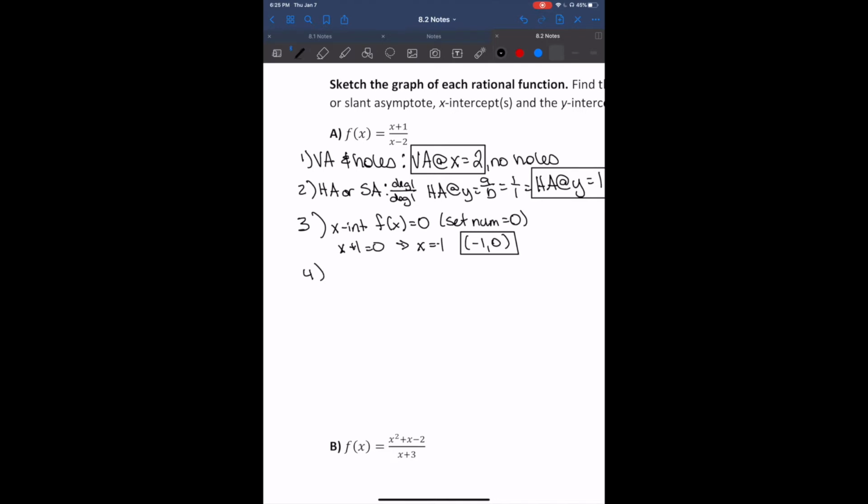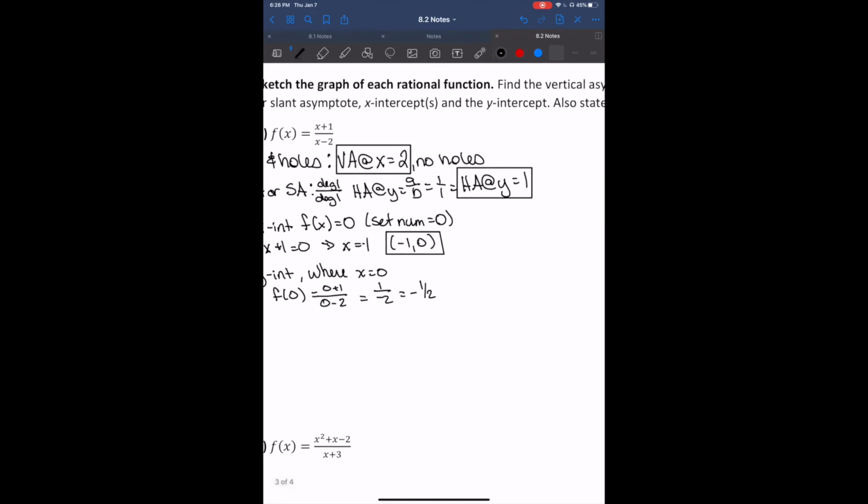Then we're going to identify the y-intercept. And this happens where x is 0. So we're going to plug in 0 for x in the entire function. Okay, so f of 0 equals 0 plus 1 over 0 minus 2, and this is 1 over negative 2, which is just negative 1/2.